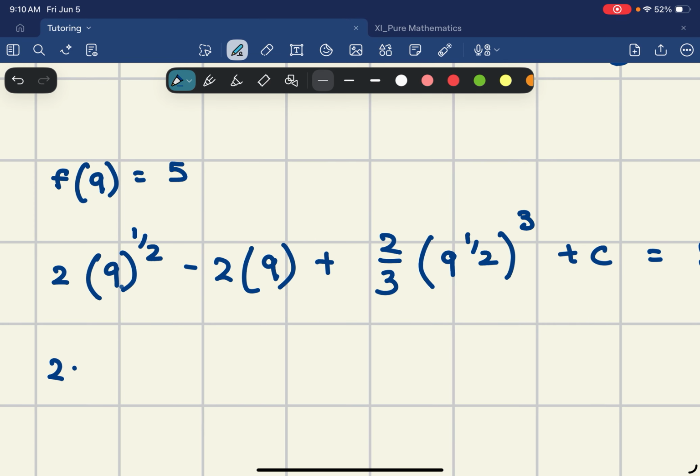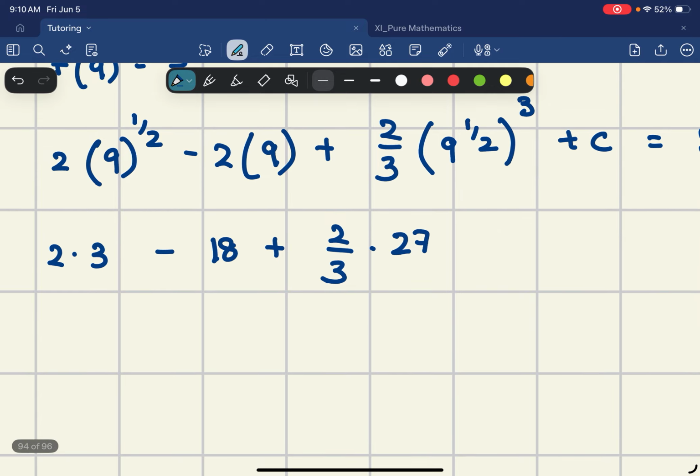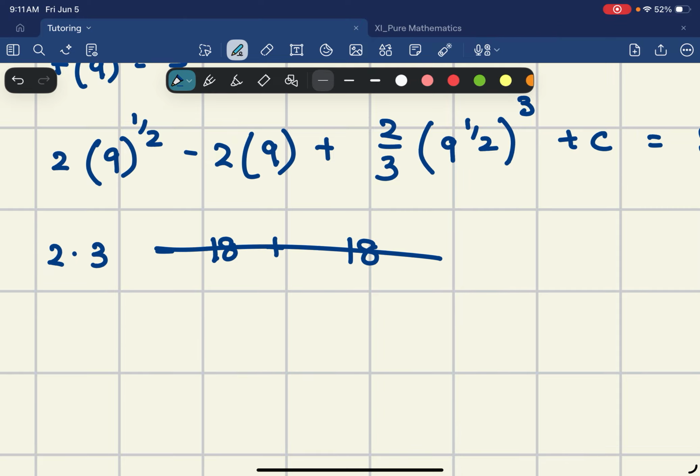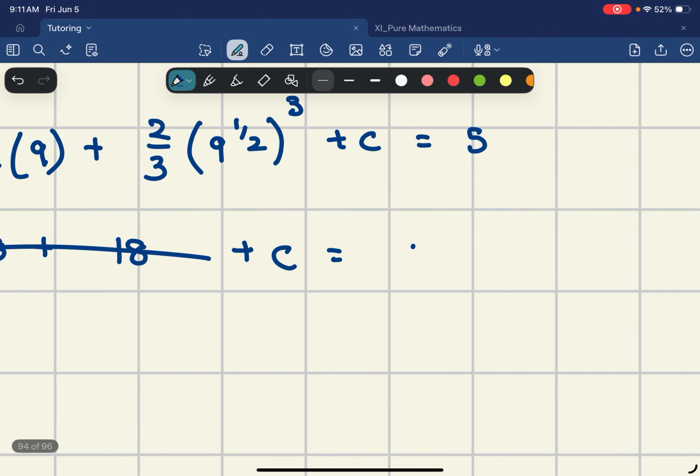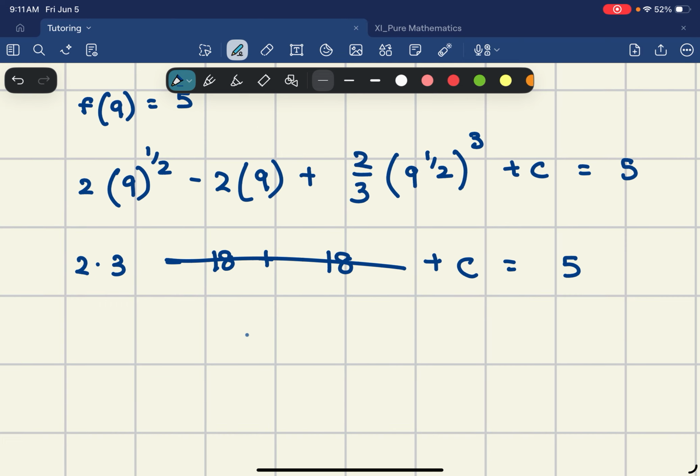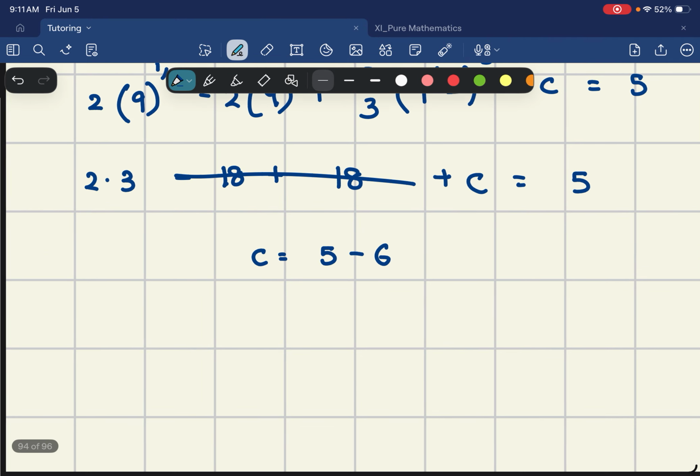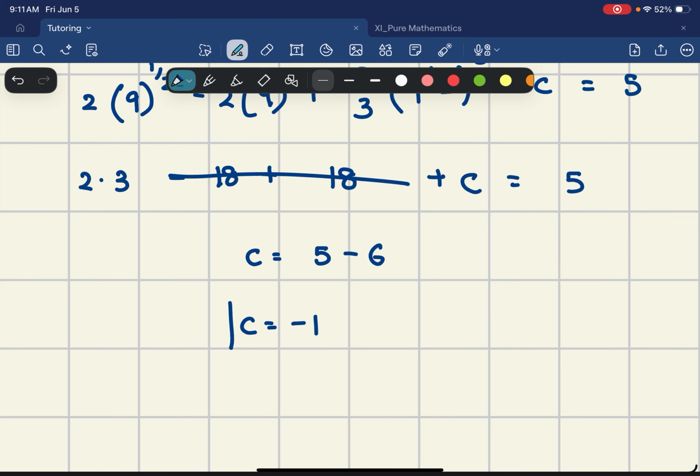This is 2 times square root of 9, which is 3, minus 18 plus, if you simplify this, 27 divided by 3, which is 9, times 2 gives you 18, and this cancels out. So you're solving this equation: c is just going to be 5 minus 2 times 3, which is 6, if you take it to the other side. So c is going to be negative 1.